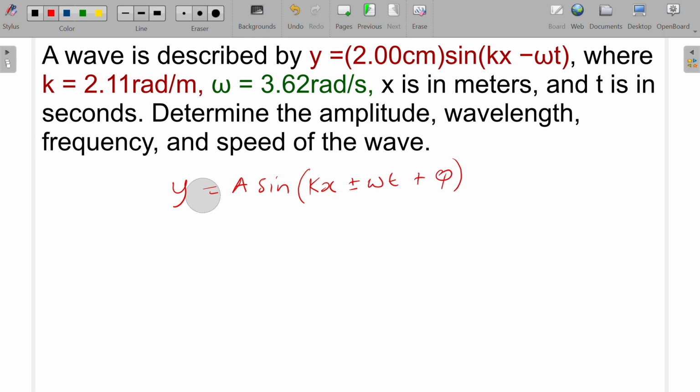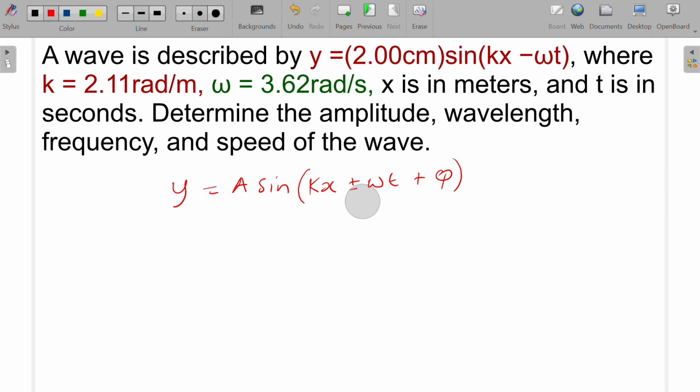The plus and minus here represents the direction of the wave. If it's going in the positive x direction, we use the negative, and if it's going in the negative direction, we use a positive.